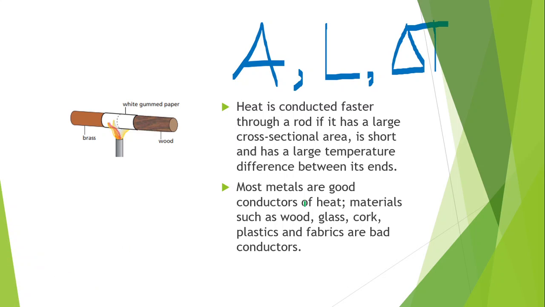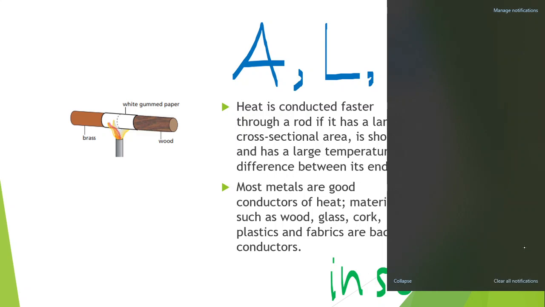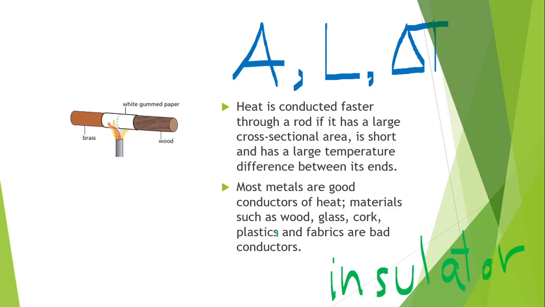So these are insulators, and metals are good conductors, out of which we've seen that copper is one of the best thermal conductors. So how do we perform an experiment to find out that metals are better conductors and wood, glass and quartz aren't the best conductors?